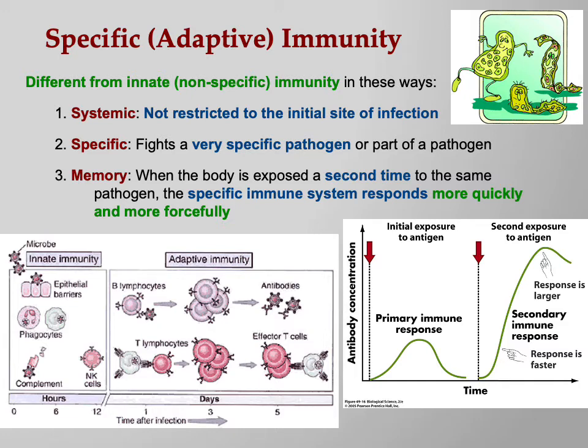What happens is the specific immune system develops memory, and then the next time that same pathogen tries to invade you, it goes nowhere. It gets wiped out before it even gains a foothold. So memory, when we say that you're immune to something, what we mean is you've established memory for that pathogen, and now that pathogen can't get you anymore.